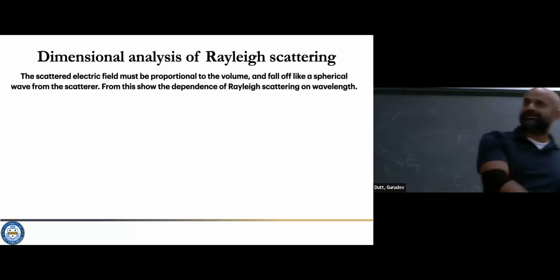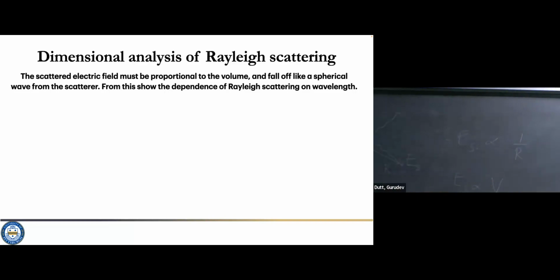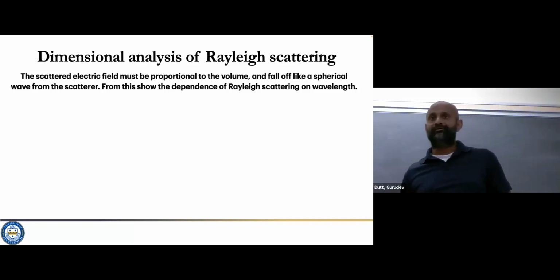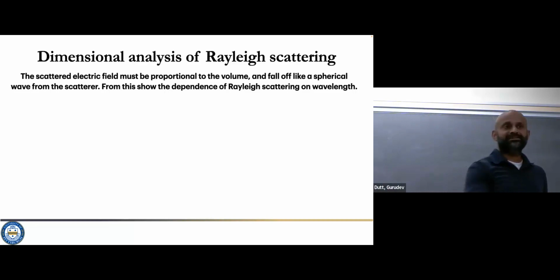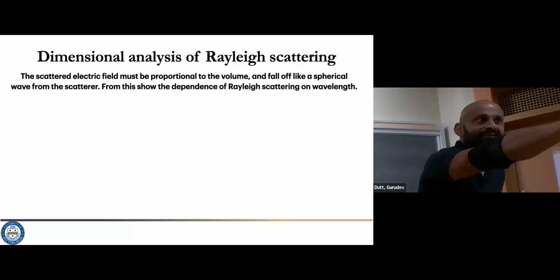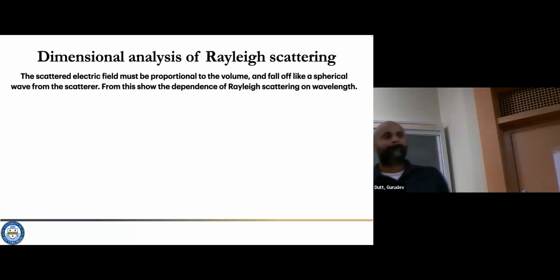So can I construct from all this something that allows me to figure out the relationship between ES and EI? We have actually all the relations that you need. Yes, Jana.